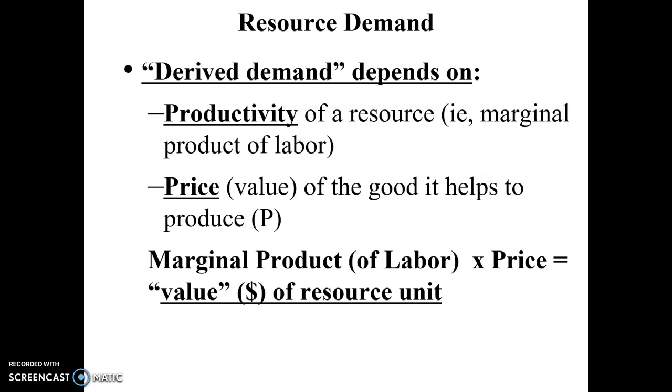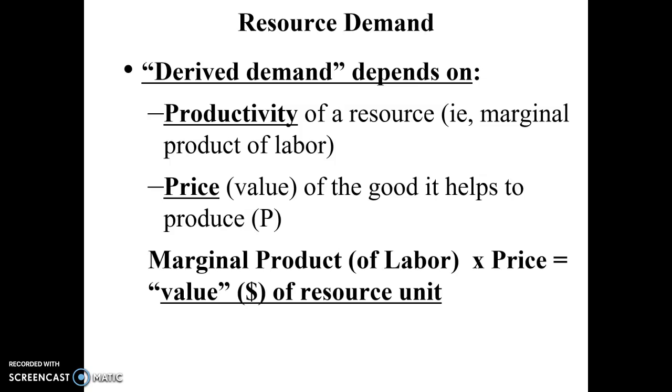And later on, we'll start to see that the demand for resources is one of the things that sets the wages in a market. So when you have a lot of productive capacity, that's one thing that can increase the demand curve for a resource, because it ultimately lends itself to having greater and greater ability to produce, that marginal product of labor.